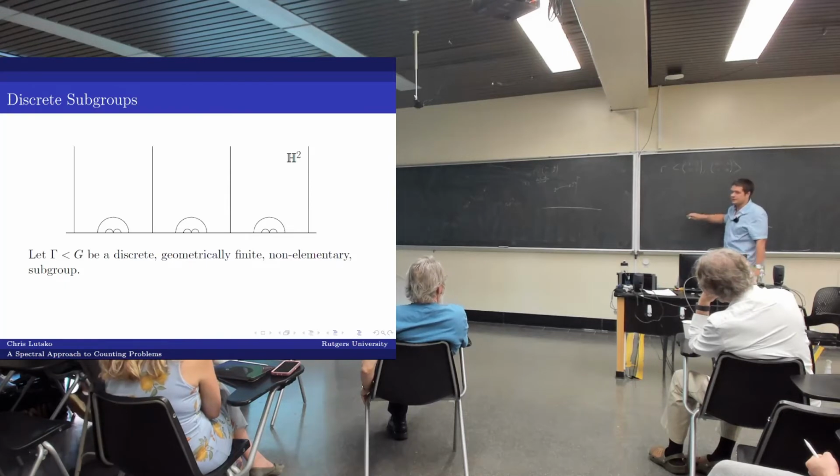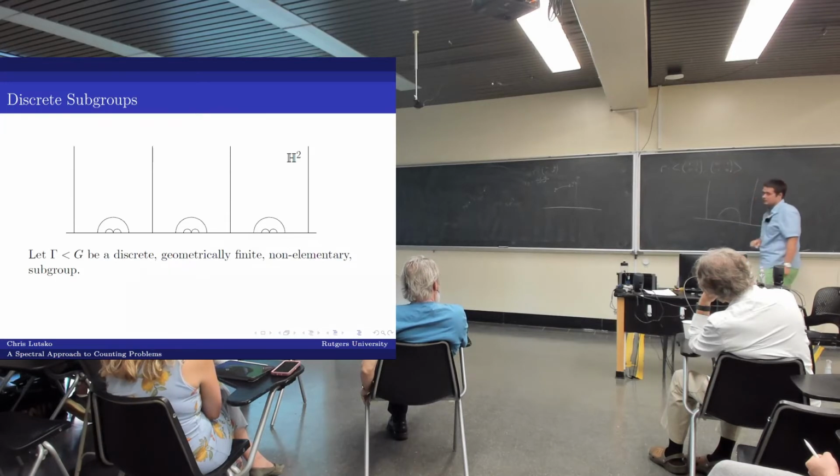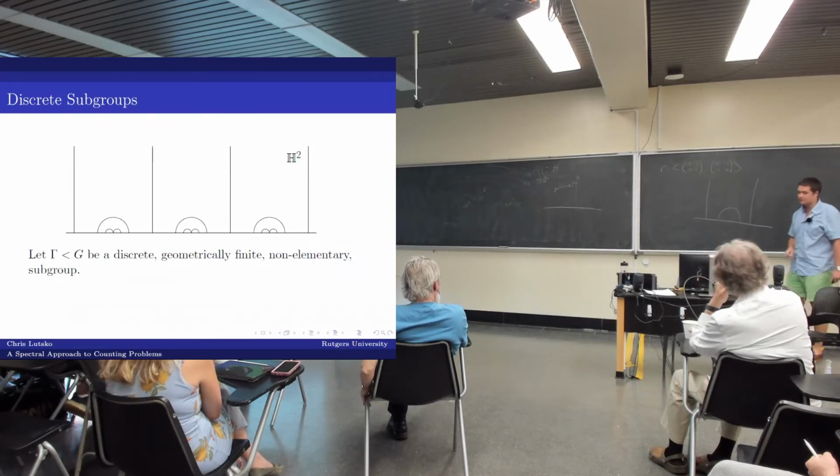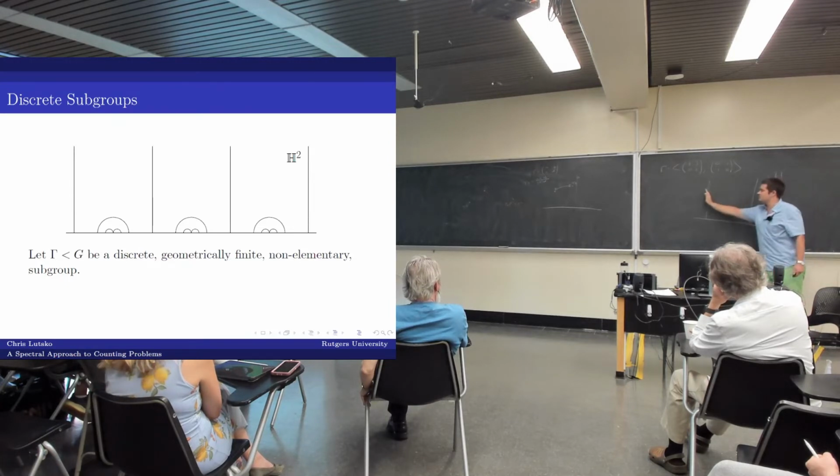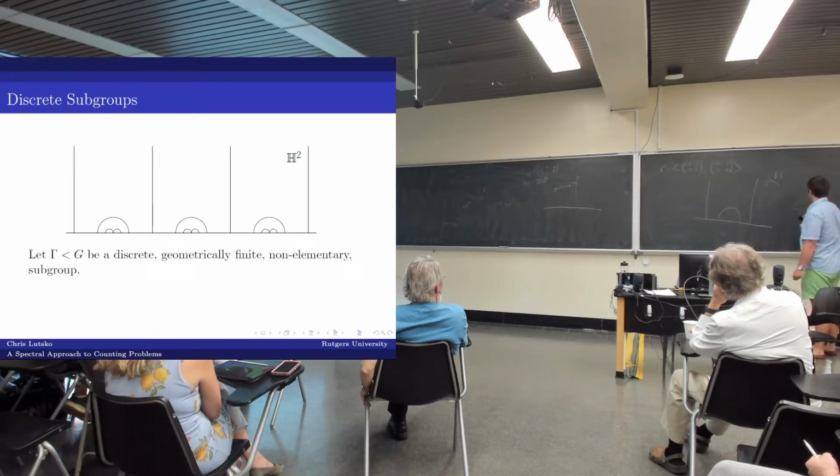Well, this one translates you to the right by 3, and this one inverts through the unit sphere. So I've glued these two walls together if I'm talking about the quotient space, and that's the same as gluing these two walls together and gluing this to itself. So what you end up with is a hyperbolic manifold.